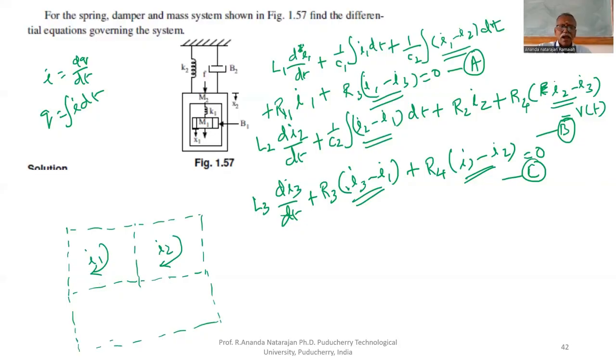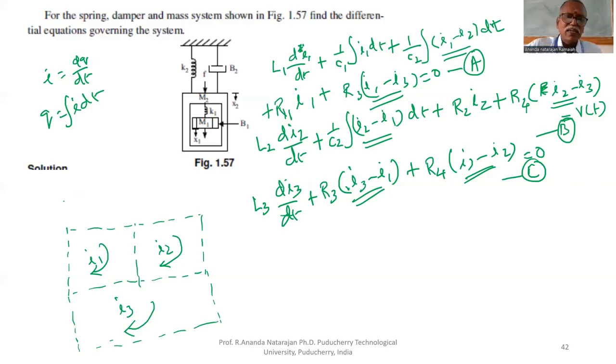Here you will get I3 minus I2, and here I3 minus I1 or I1 minus I3. Here I2 minus I3 you will get. So this is the problem. If you take the loop like this, you can finish. This is the crucial point. That's why I took this sum.